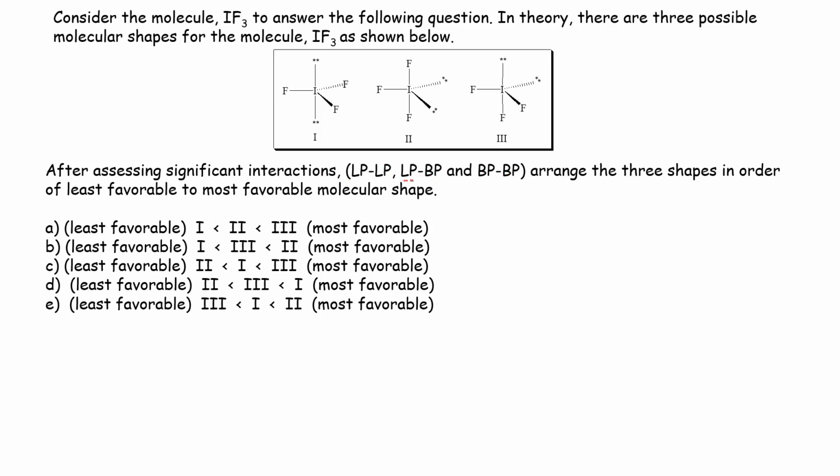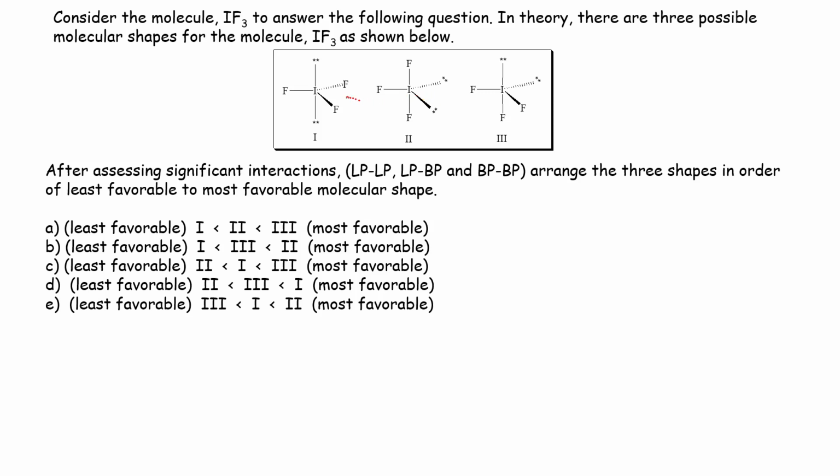And lone pair bonding pair interaction, that's somewhere in the middle. And we only count the interactions with a bond angle of 90 or less. So keep that in mind.